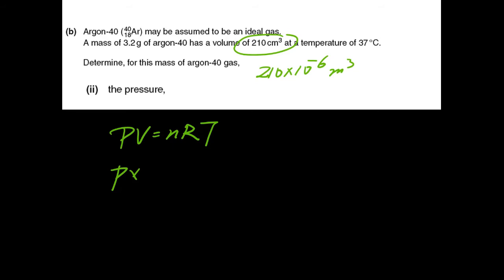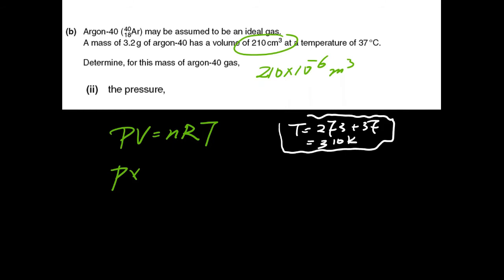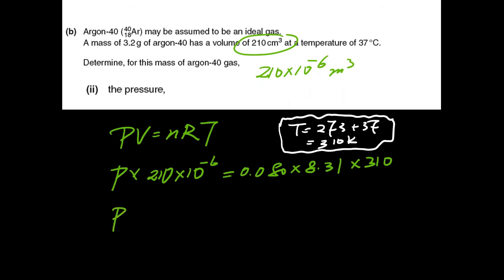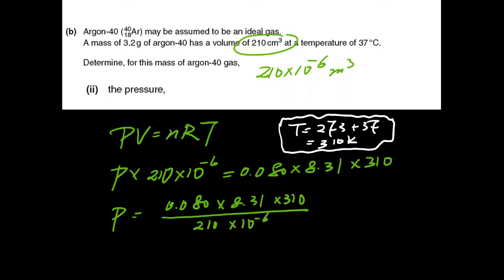We convert that into Kelvin, which is 273 plus 37, that is 310 Kelvin. Now we can plug in 210 times 10 to minus 6 equals mole number 0.08 times 8.31 times 310. That gives us, finally, 9.8 times 10 to 5 Pascal.